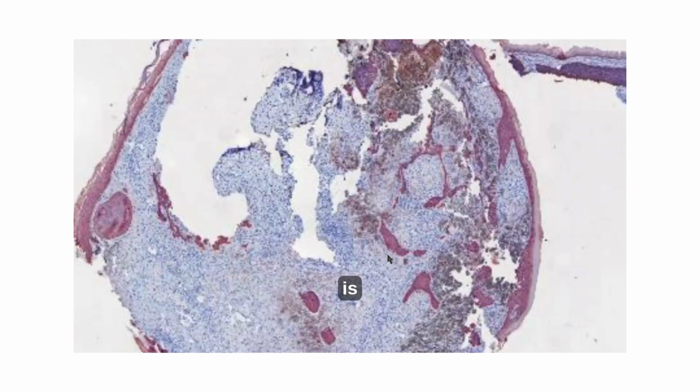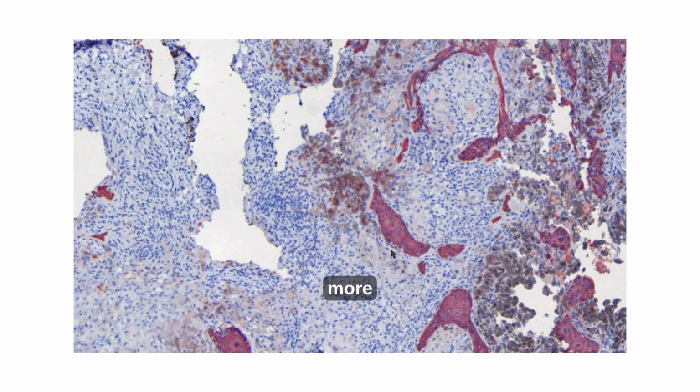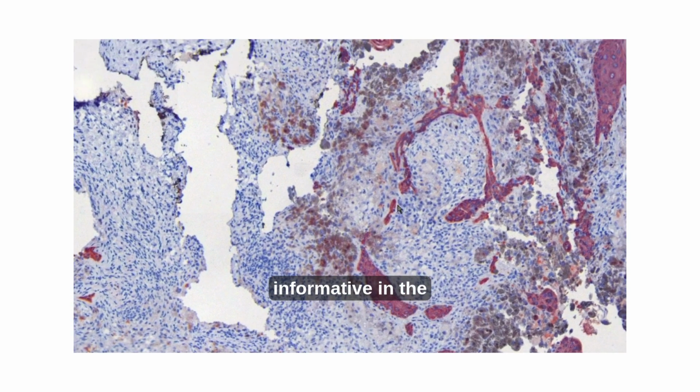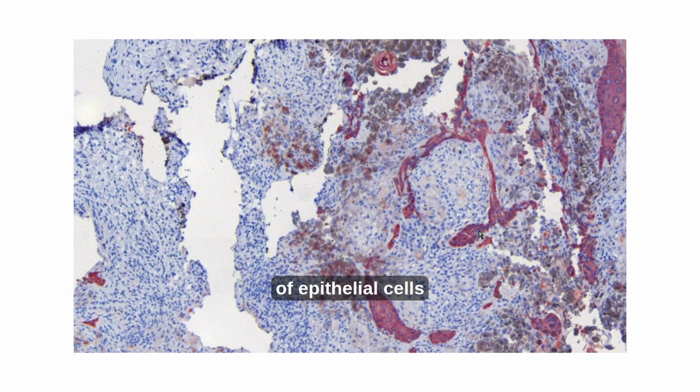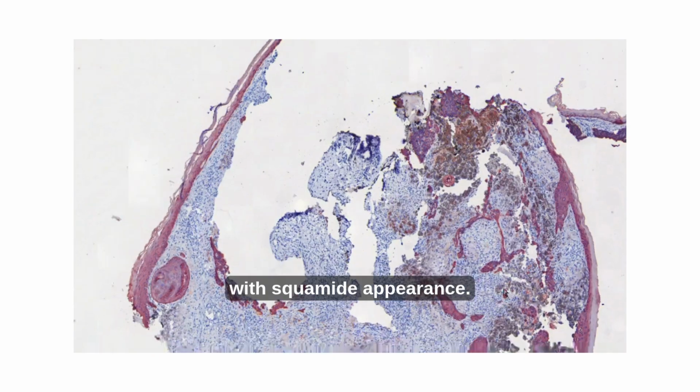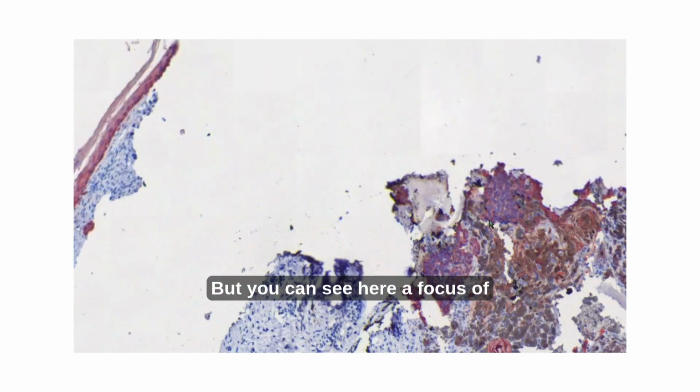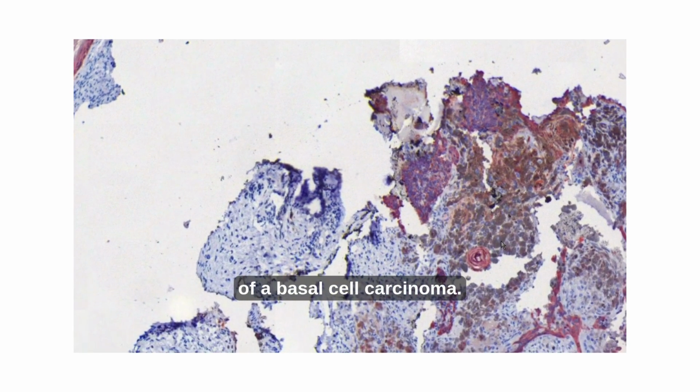Pancytokeratin AE1/AE3 is more informative in the sense that you can see the strands and islands of epithelial cells with squamoid appearance, but you can see here a focus of really basaloid cells that I presume are the remnants of a basal cell carcinoma.